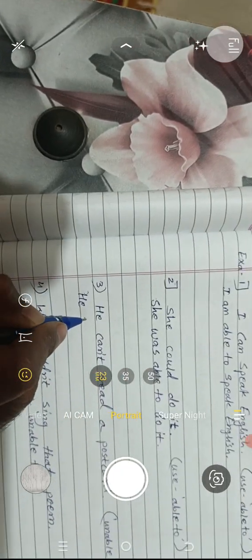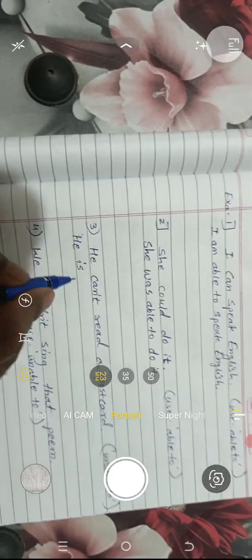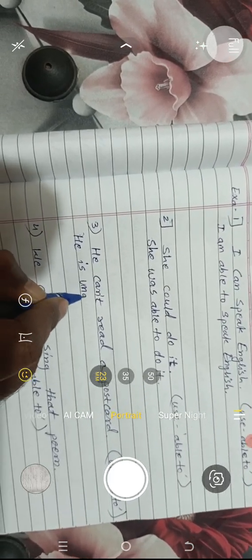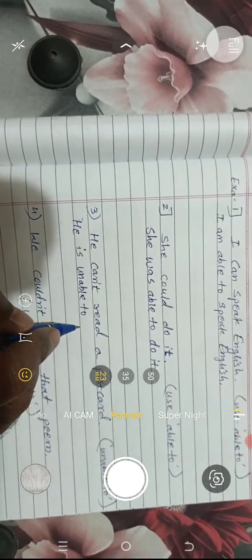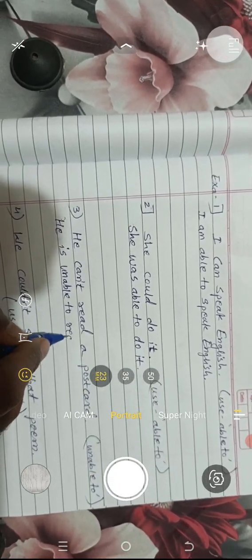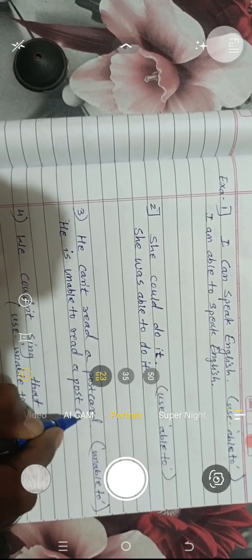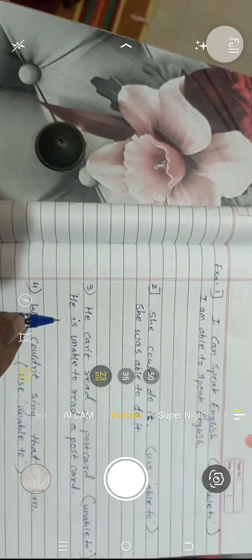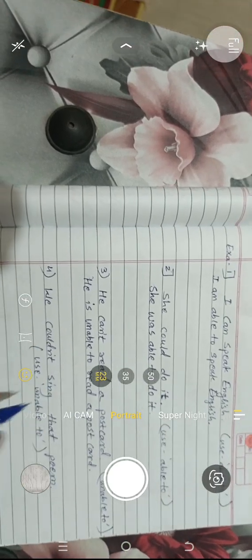The correct to be form is is, and then we should remove can't from the sentence and write unable to, and then we should write the remaining part of the sentence as it is. Means read a postcard. The answer is he is unable to read a postcard. In this way we used unable to in this sentence.